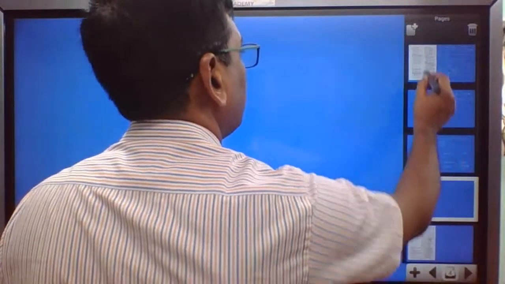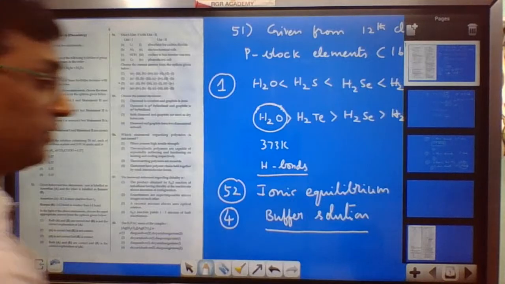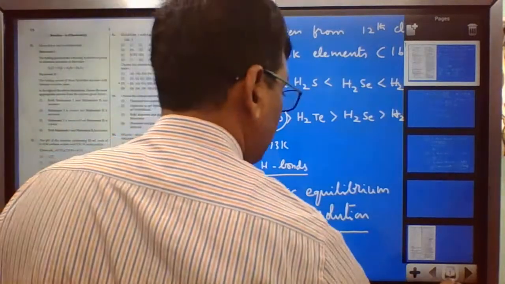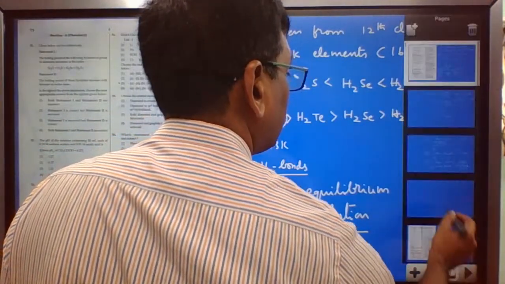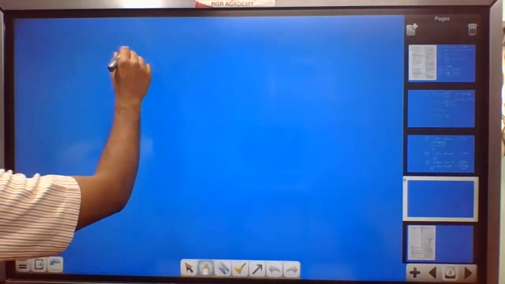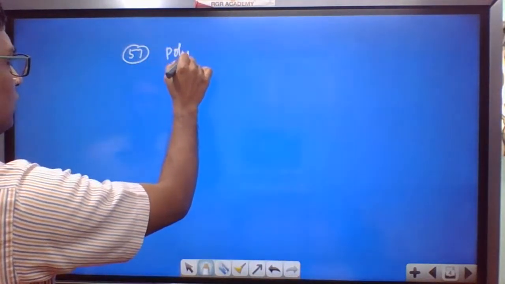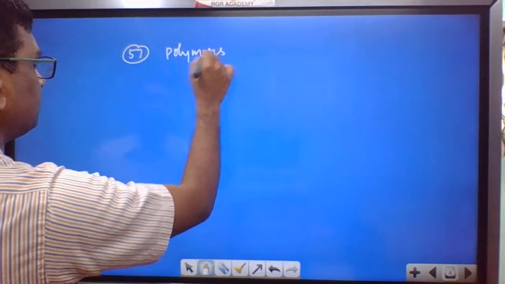Next, let us move to the next question, the 56th question. It is also a statement question. Which statement regarding polymers is not correct? This is given from polymers.